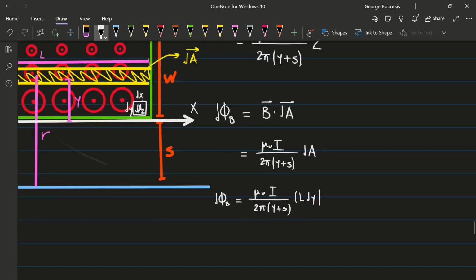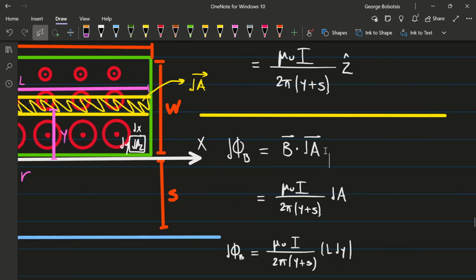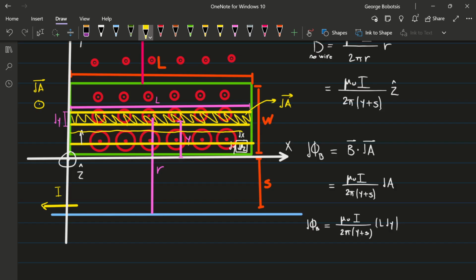Now, I want you to think about this. This was a specific line right now that we took over here that connected one edge of the loop to the other. There are infinite such lines that are moving north at the same time. For example, there's another line over here, like at the bottom part here, let's say, that has also moved north by a little bit, and it has spanned this area as it moved north.